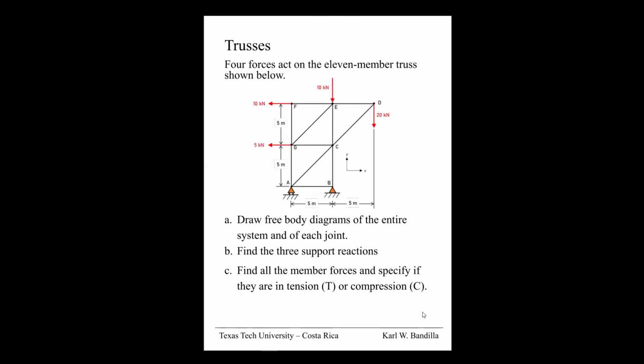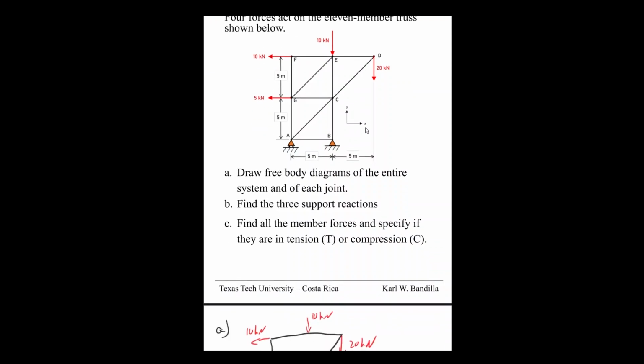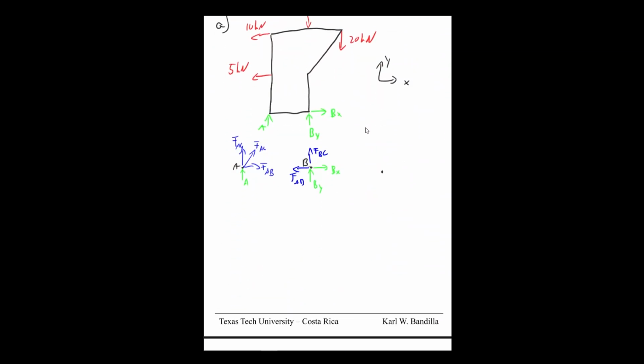Point C sits right here. That's a busy one. It has BC, AC, CG, CE, and CD all over the place. Let's make sure we have those correctly. Downward would be FBC.